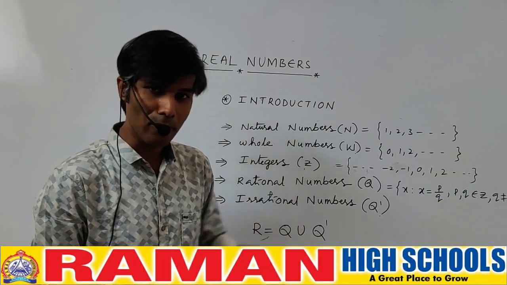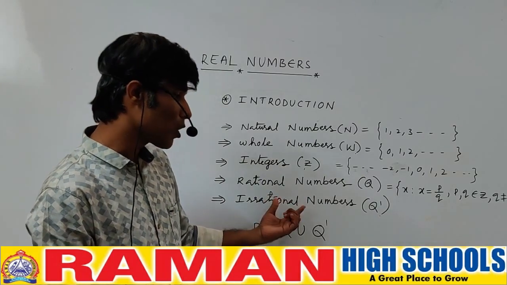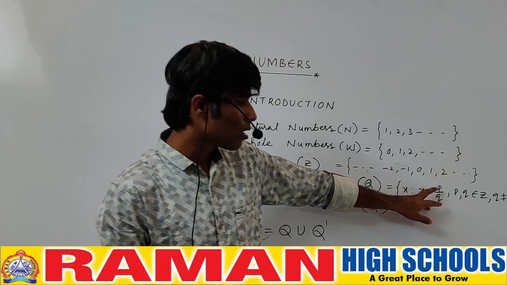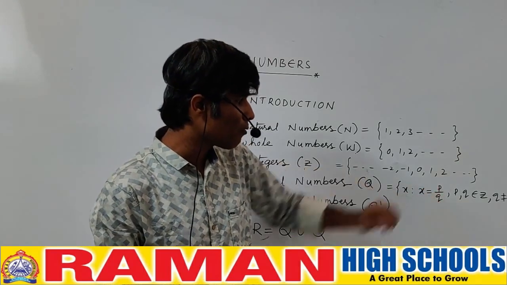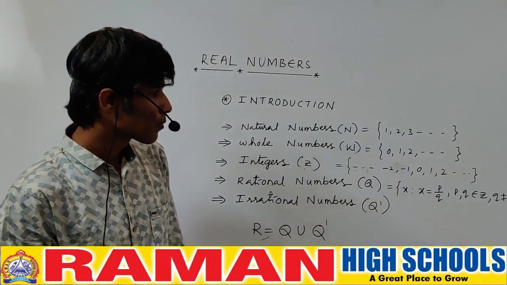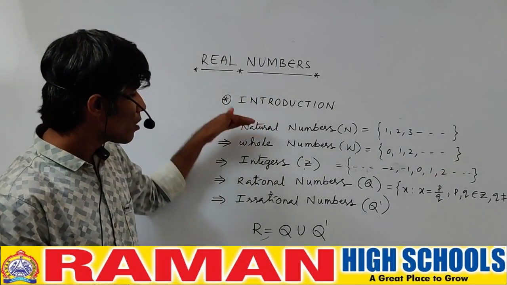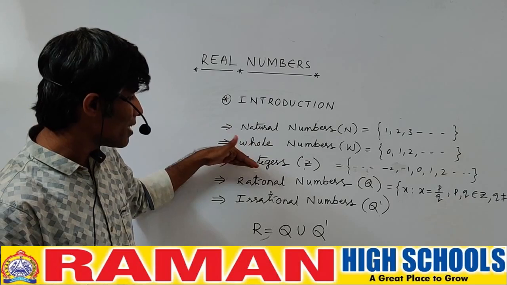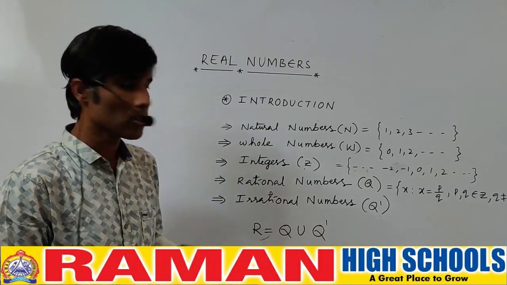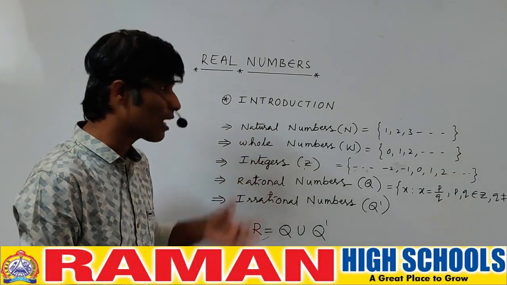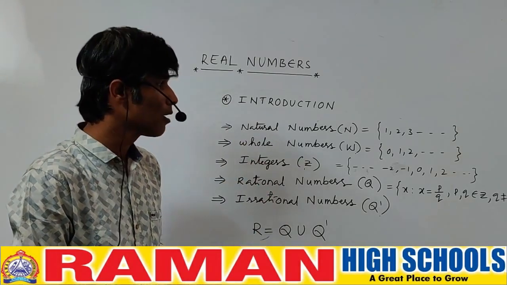For now, remember the definition of irrational numbers as the numbers which cannot be written in the form of p by q, where q is not equal to 0. You have already learnt natural numbers, whole numbers, integers, rational numbers and irrational numbers in 9th standard itself.